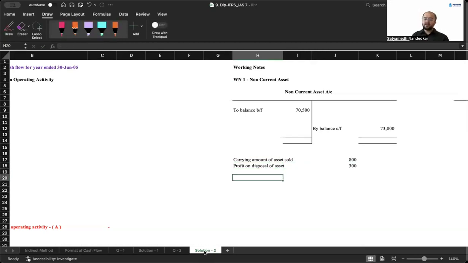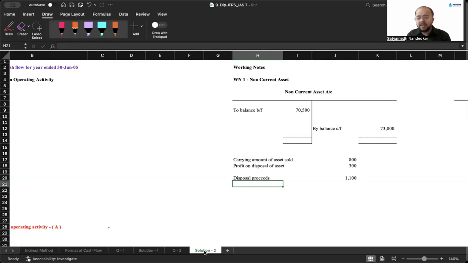So what I need to understand is, if carrying amount is 800 and the asset was sold and there was a profit on disposal of 300, then how much money would I have received on disposal? So my disposal proceeds are 800 plus 300, right? When I sell an asset of 800 at 1100, only then I will have a gain of 300.